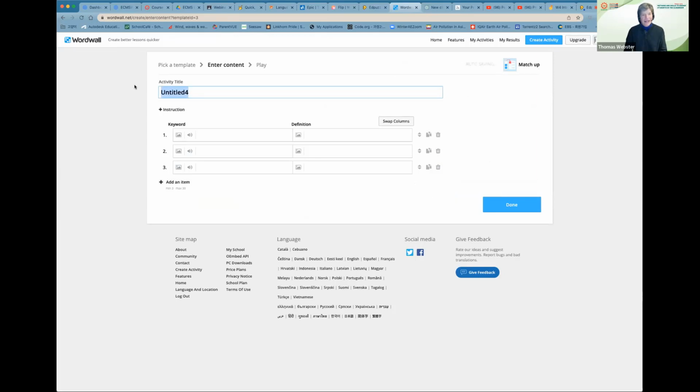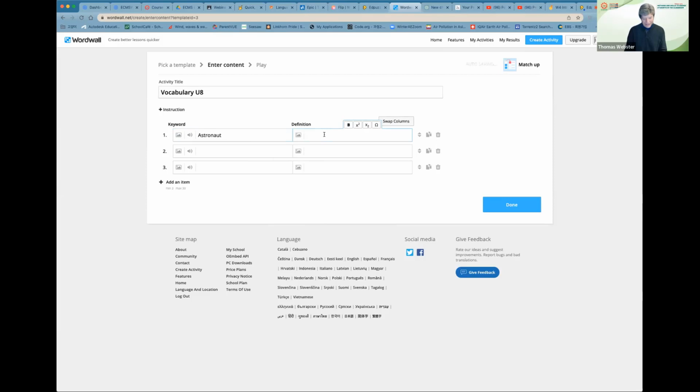Title it like, okay, vocabulary, maybe this is vocabulary for unit 8 that we just talked about. And then you put a keyword and then you put a definition, right? So like the keyword, let's just say a keyword is like astronaut. Okay.